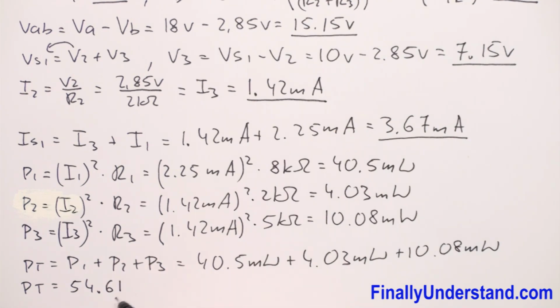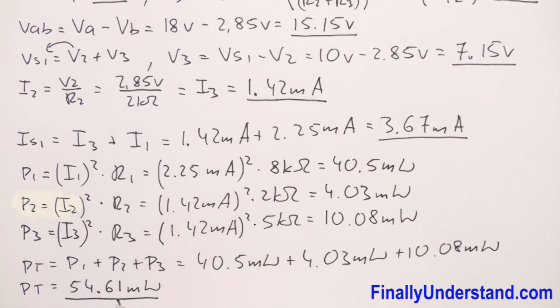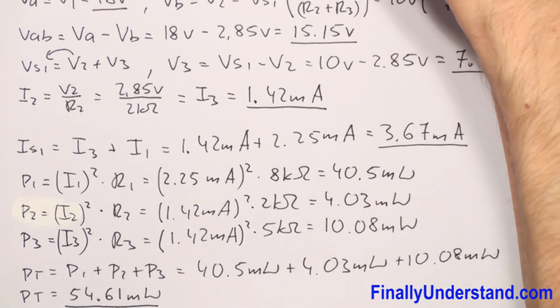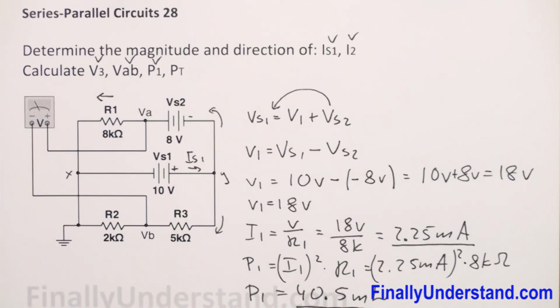If you use a different way to solve this problem, your answer could be a little bit off, but if the values which you got are close to mine, it means that you did everything correct. So now we can say that the problem is solved.